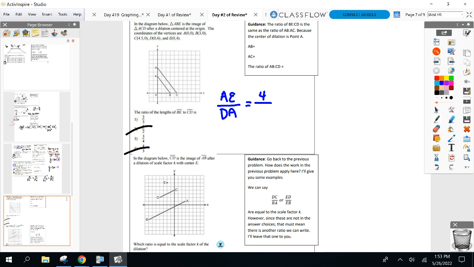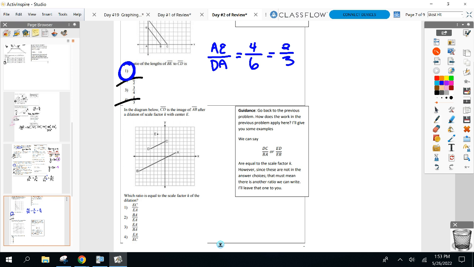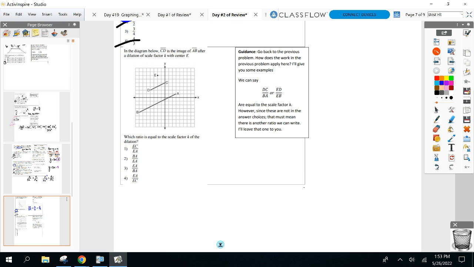How long is DA? 6. Not a choice, but we can reduce it down to 2/3. All good? Don't get out the distance formula if you don't need it.